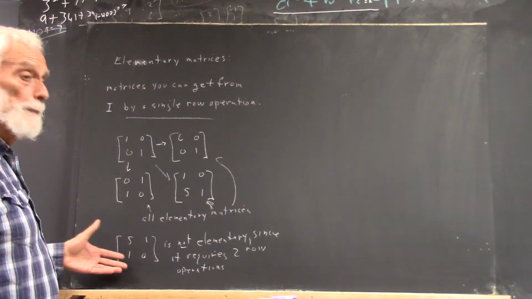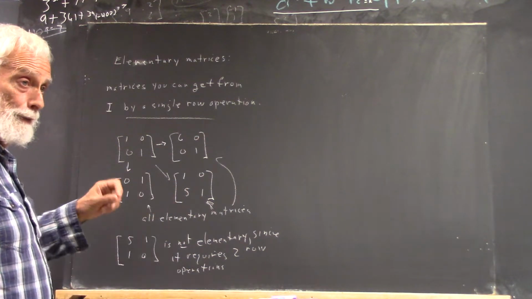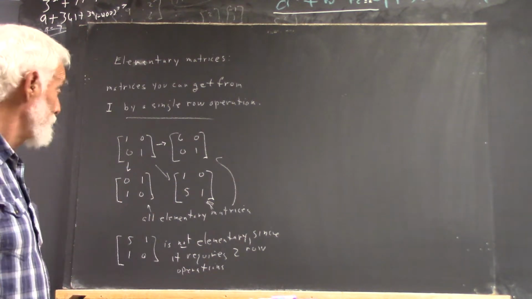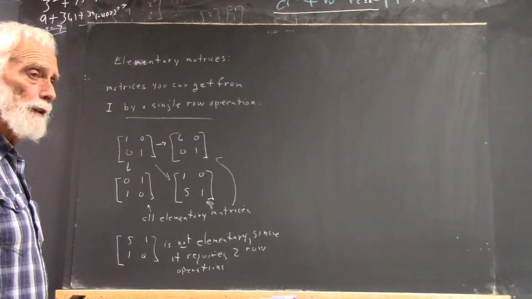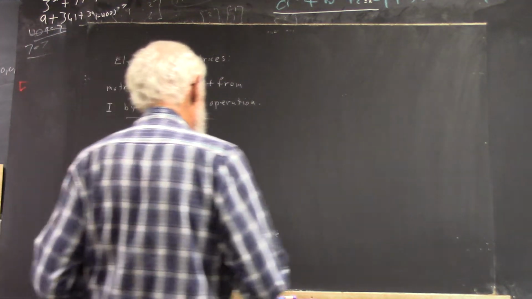From the identity, implicitly, you'd have to do this, and then you'd have to do this. Okay? And just a little note to tease you a little bit, to tempt you a little bit. Think about it.